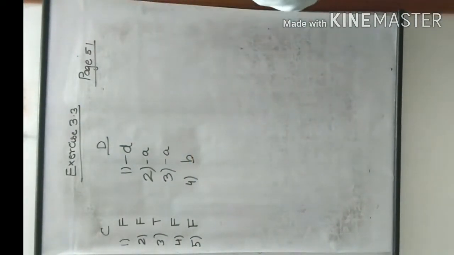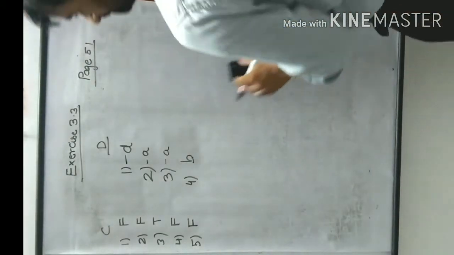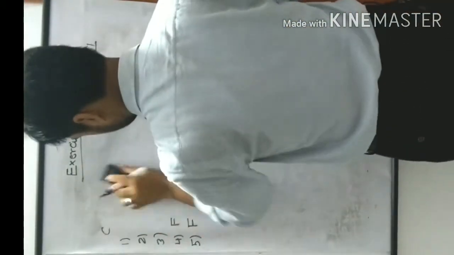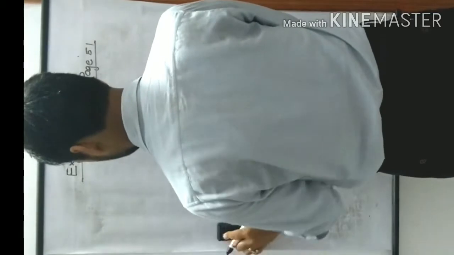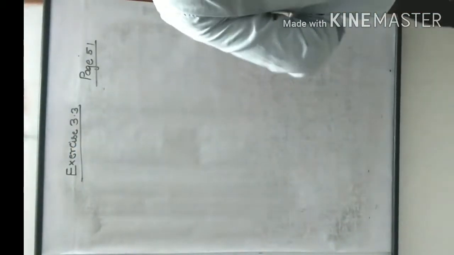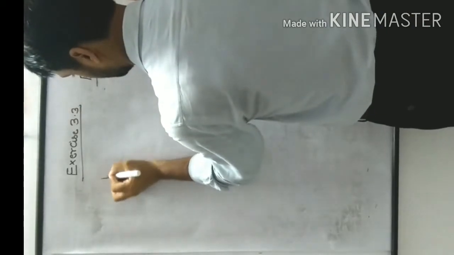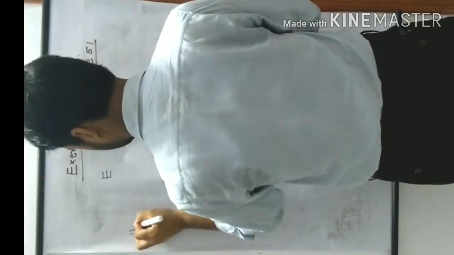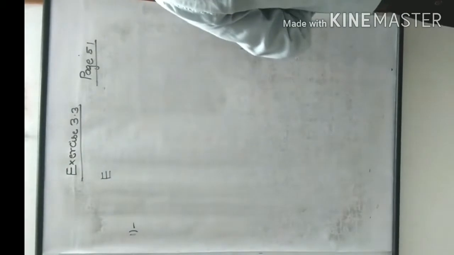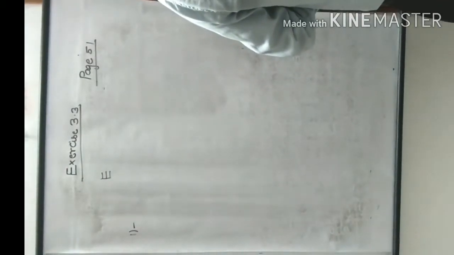Okay. Then match the following. That is E part. First answer: a device for lifting groundwater. What is that?